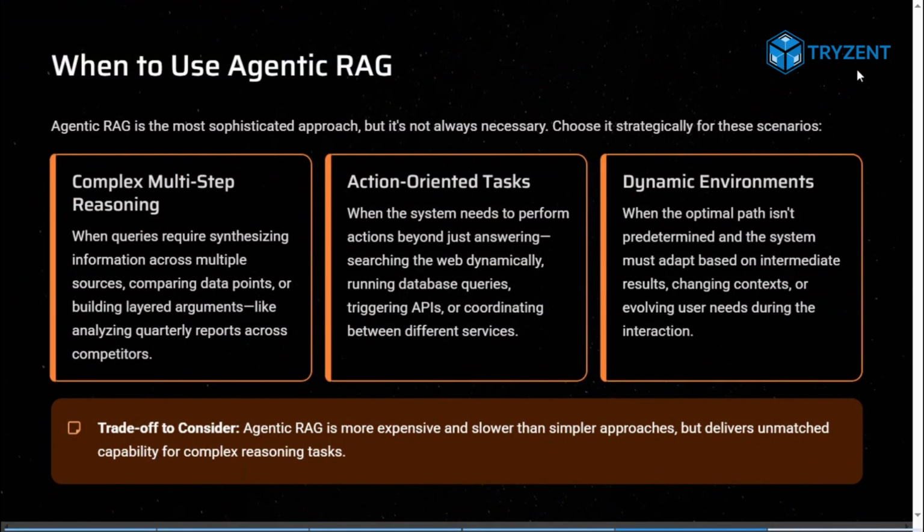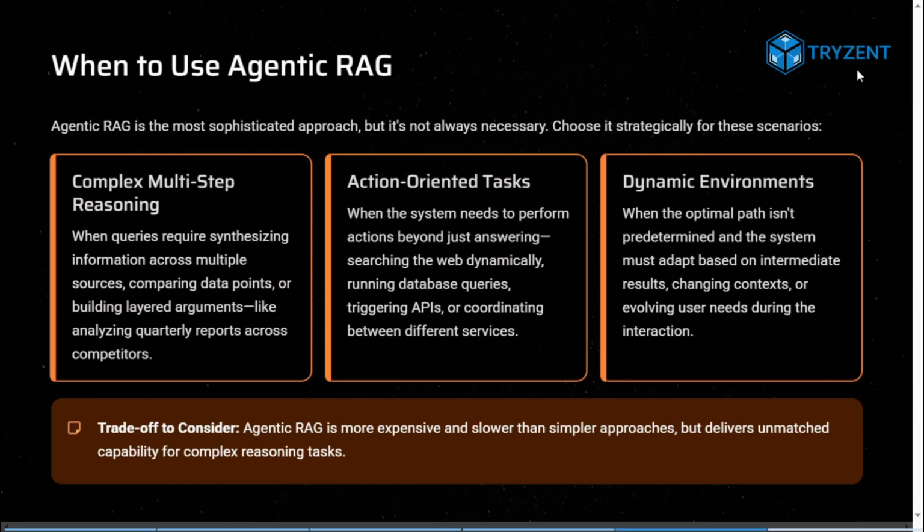Now, when to use Agentic RAG? Agentic RAG is powerful, but it's not for every case. You would use it when your system needs to handle complex multi-step reasoning like comparing company reports, performing actions, not just answers, like searching the web or running queries.